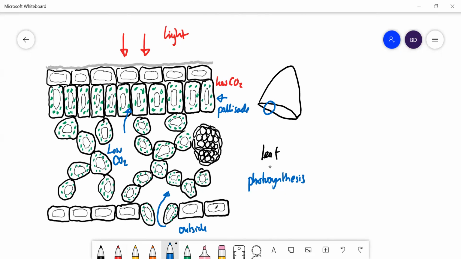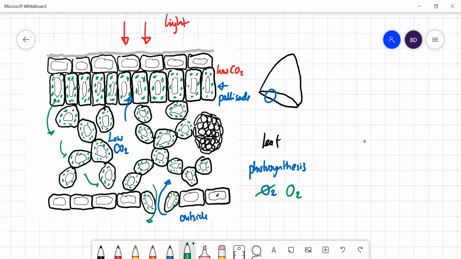And oxygen is going to diffuse in the opposite way, because while you're photosynthesizing you are making oxygen, so oxygen is going to diffuse that way, and it's going to go out where there's a lower concentration of oxygen outside the cell.